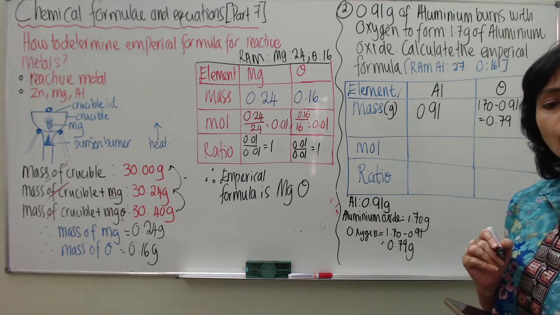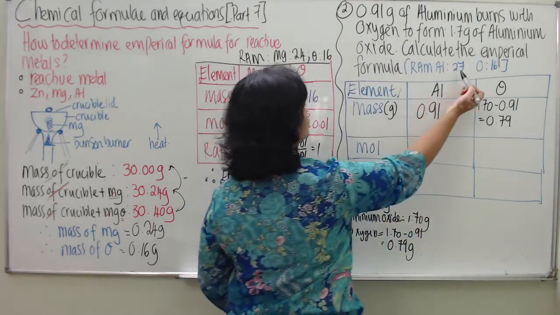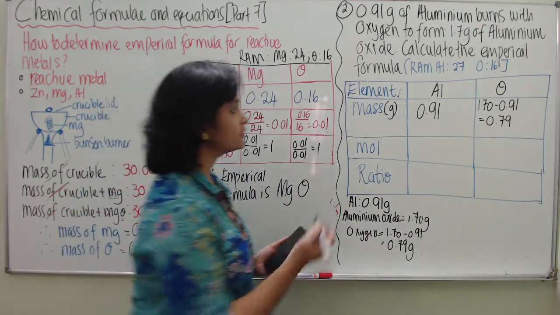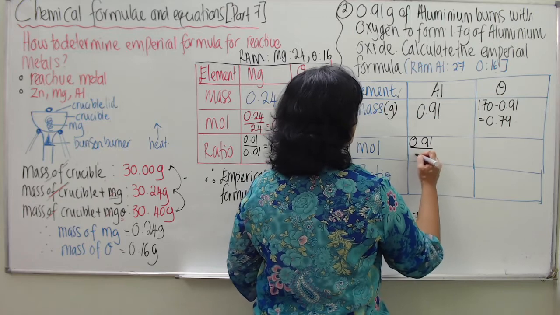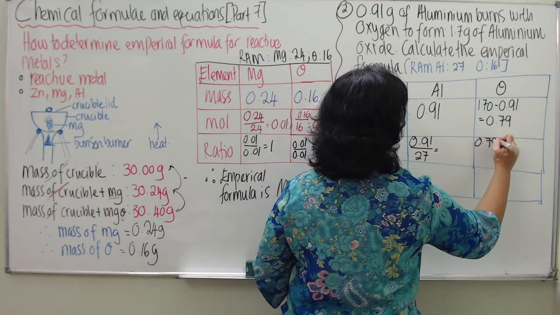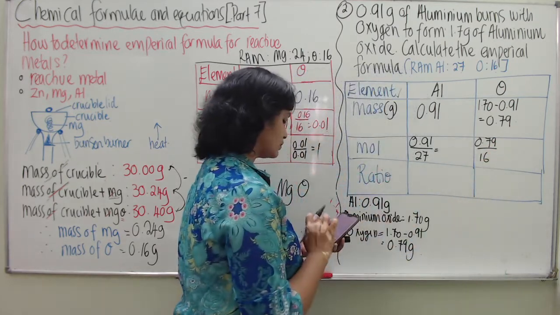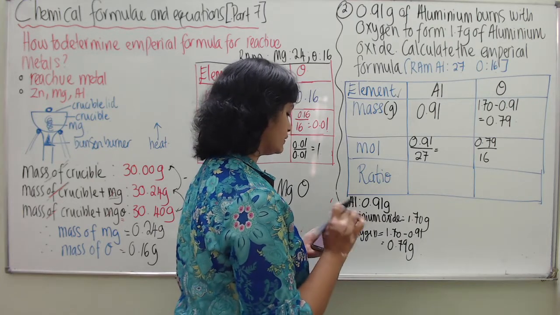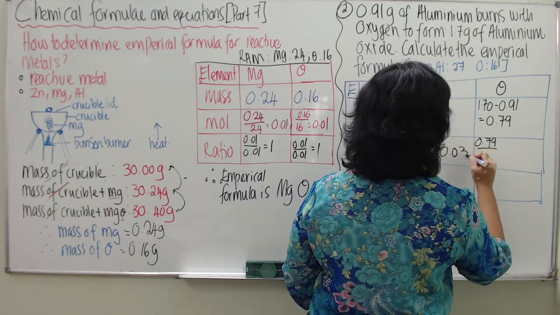Now, let's look for mole. What is the mole of each element? The teacher has given the relative atomic mass of the substances. Now, 0.91 divided by 27, and 0.79 divided by 16. Let me calculate. 0.91 divided by 27 will be 0.03.